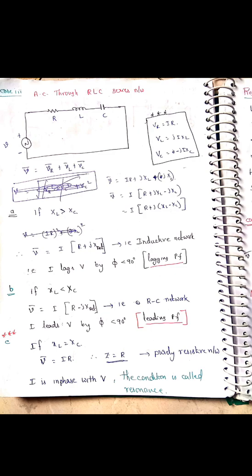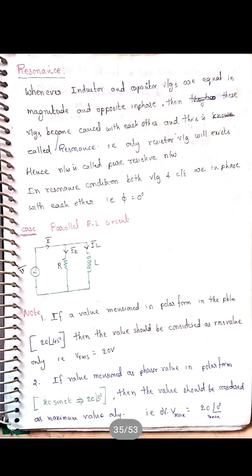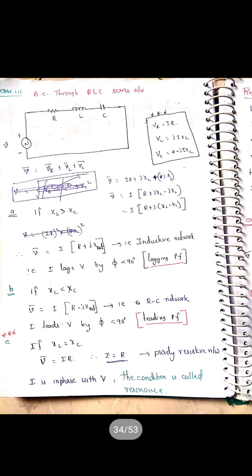If we draw the vector diagram, taking current as reference, VR will be in phase with the current, VL will be along positive j, and VC along negative j, downward on the y-axis.